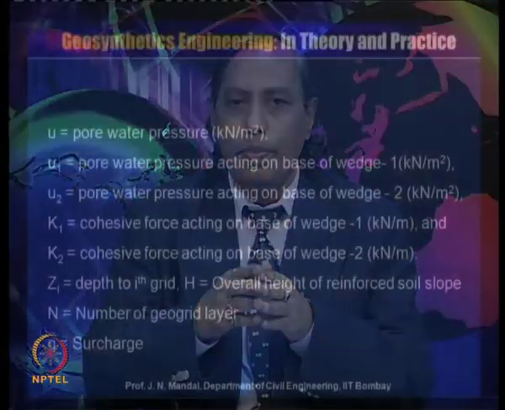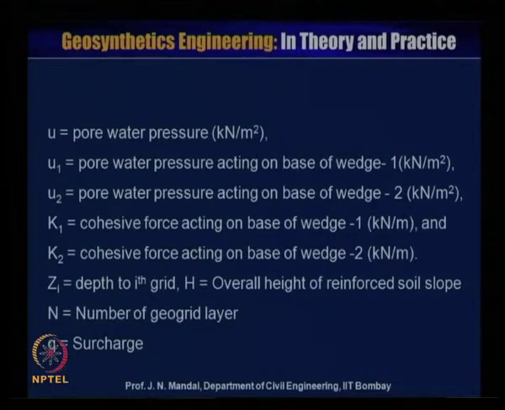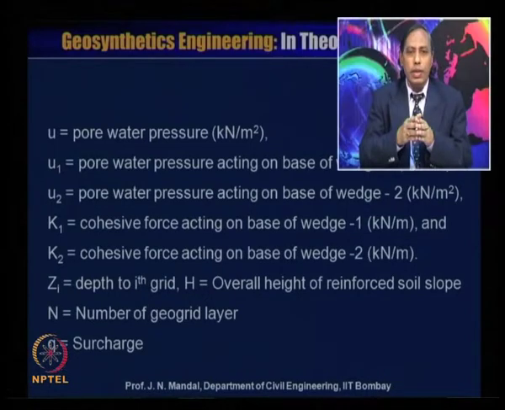Based on this theory, Jewell has developed some charts. And U is the pore water pressure in kilonewton per meter square; U1 is the pore water pressure acting on the base of wedge 1; U2 is the pore water pressure acting on the base of wedge 2; K1 is the cohesive force acting on the base of wedge 1, and K2 is the cohesive force acting on the base of wedge 2, kilonewton per meter; and Zi is the depth to the ith grid, and H is the overall height of the reinforced soil slope.